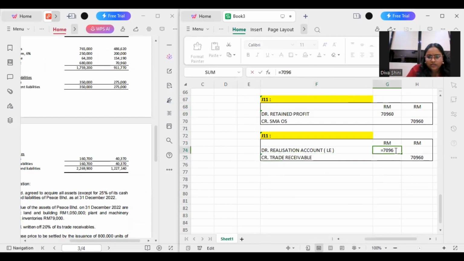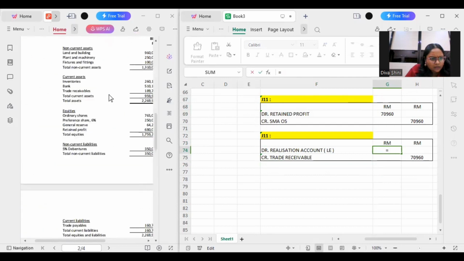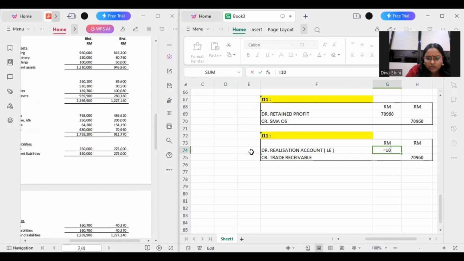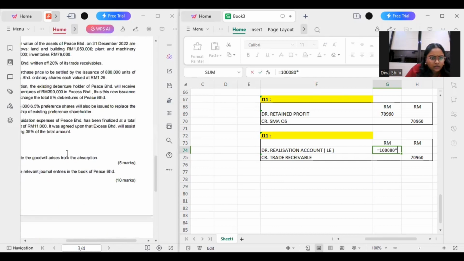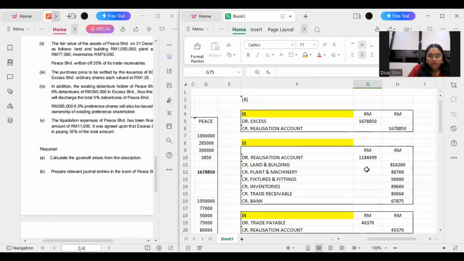So for this calculation, we need to calculate trade receivable 1080 times the 20% of return. So this will be the return amount 20016.